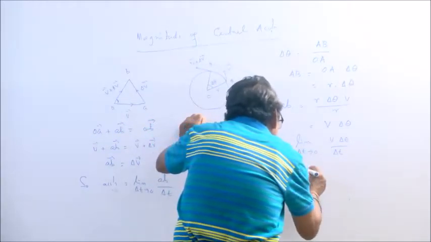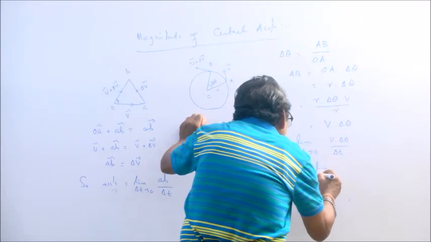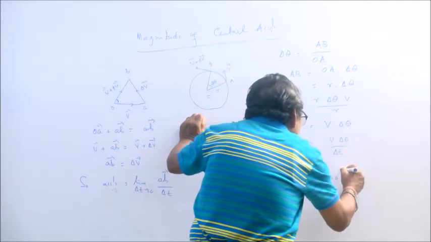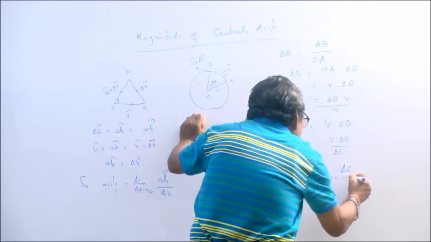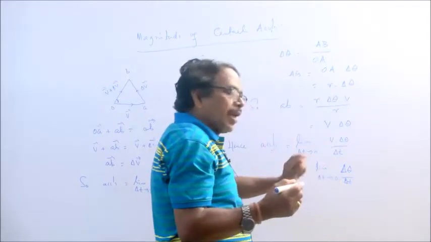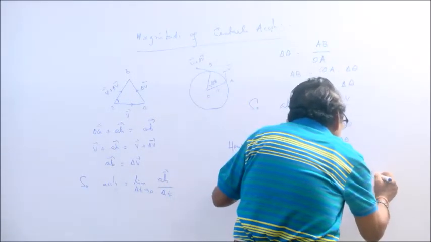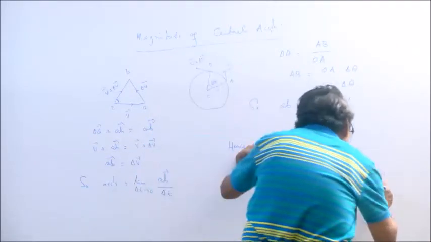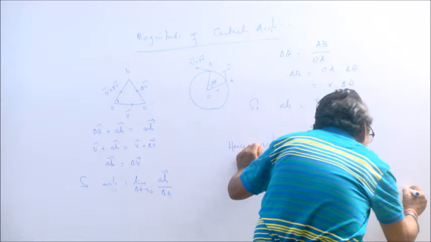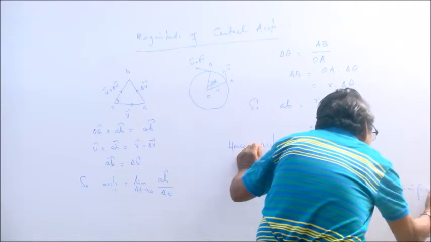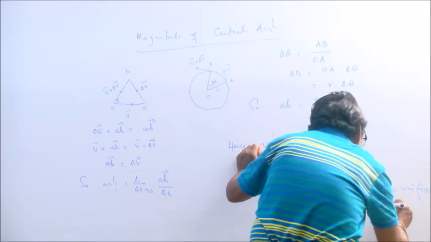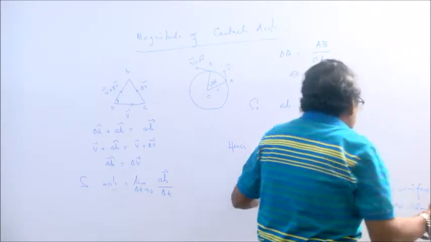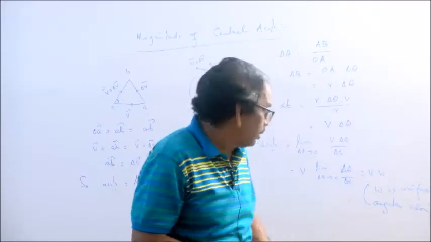That is V taken outside, limit delta t tending to 0, delta theta by delta t, angle covered by time taken, that is equal to V into omega. What is omega? Omega is uniform angular velocity.